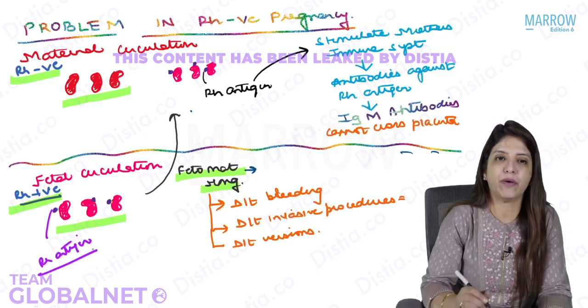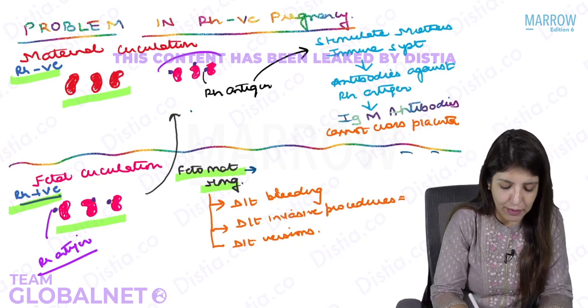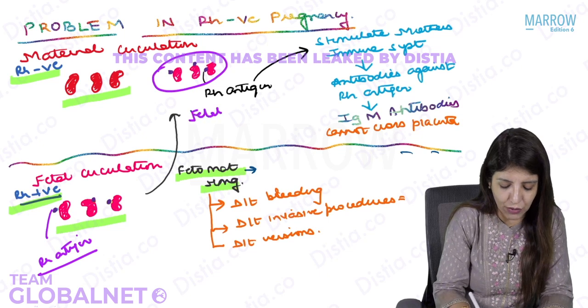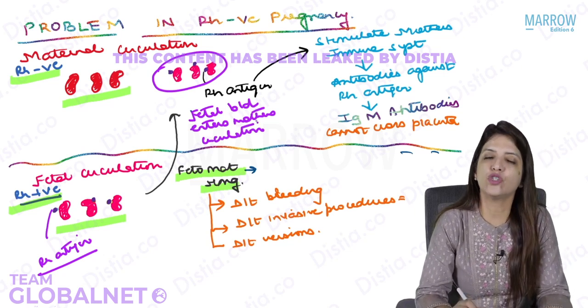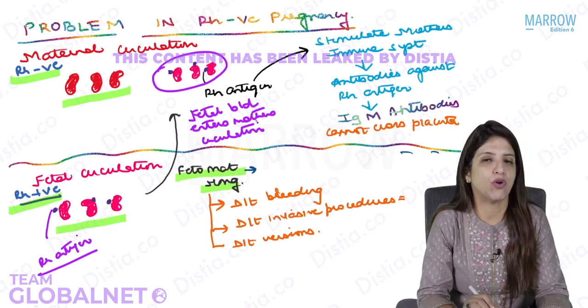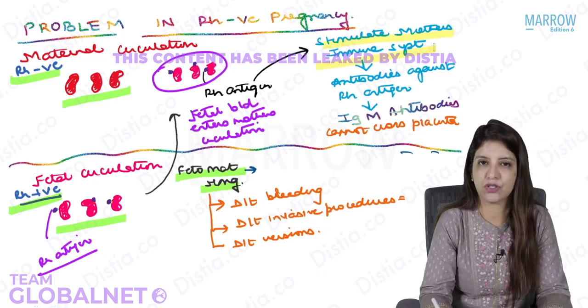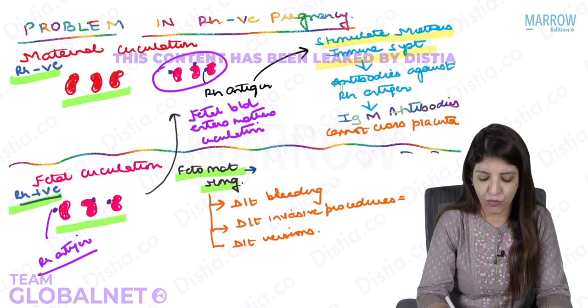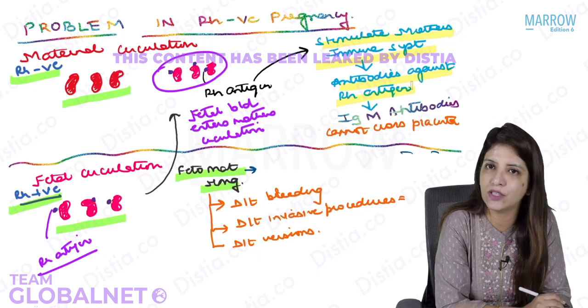Now, if during pregnancy feto-maternal hemorrhage occurs and the fetal blood enters the mother's circulation, what is going to happen? The Rh antigen present on fetal RBCs will act like a foreign antigen, and because of that it will stimulate the mother's immune system, and the mother's immune system will form antibodies against this Rh antigen. Till here it is clear to all of you?